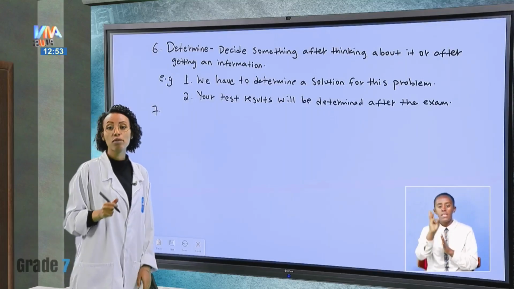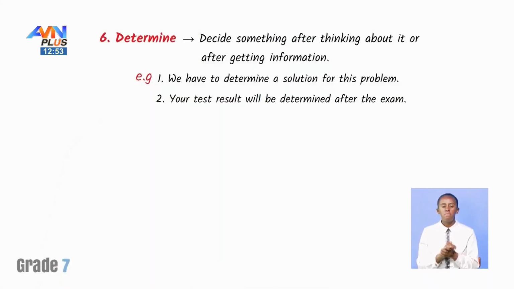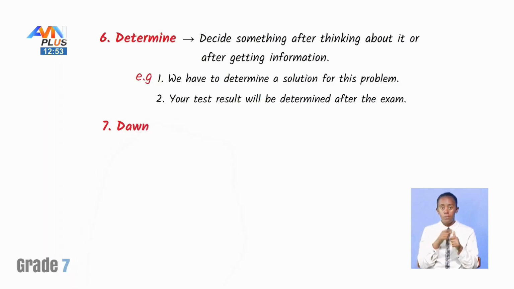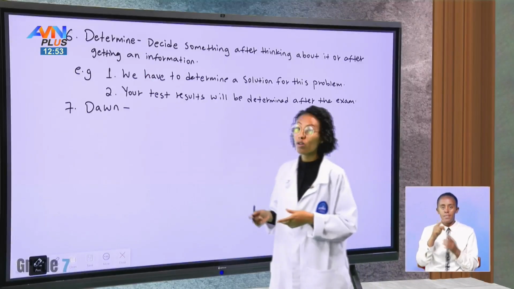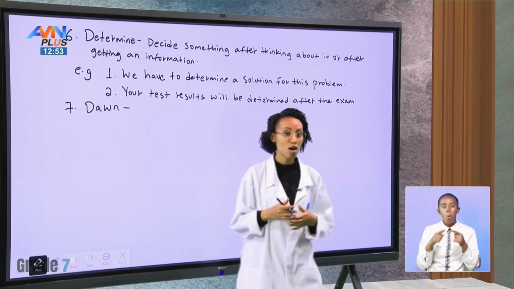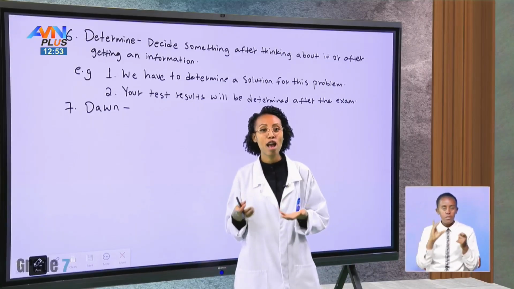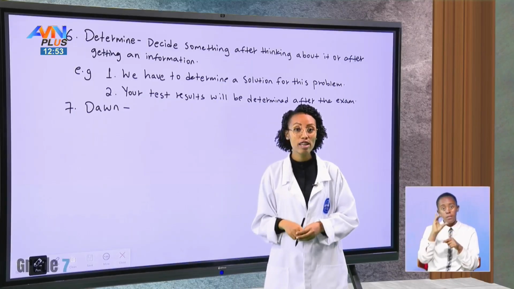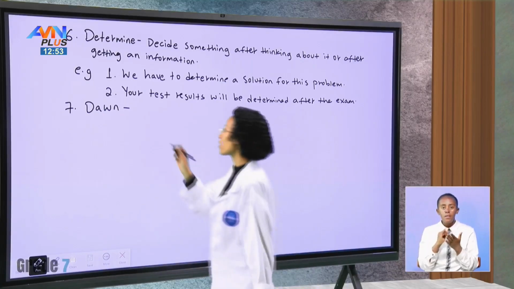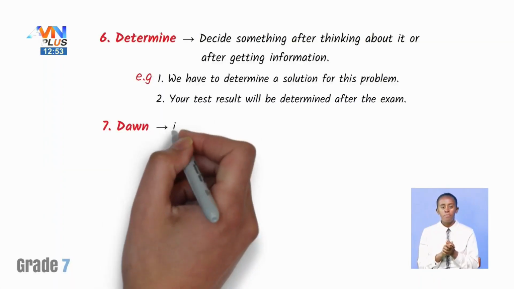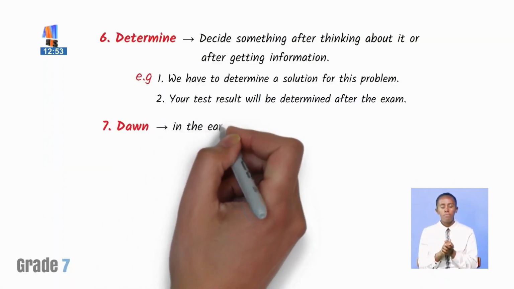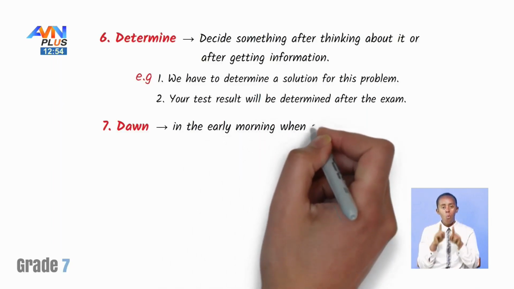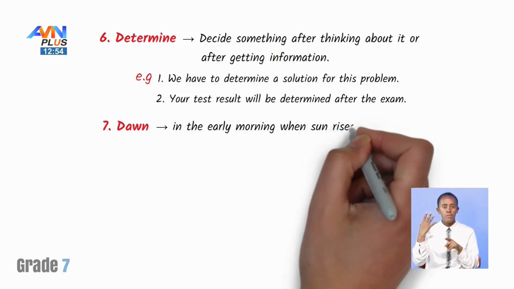Number 7, the word that we're going to see is dawn. If you remember earlier, we talked about the word dusk. So dawn is the opposite of dusk. Dusk, we said, is the time immediately after the sun sets. And in the case of dawn, it is in the early morning, when the sun rises.